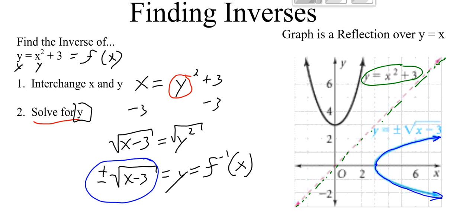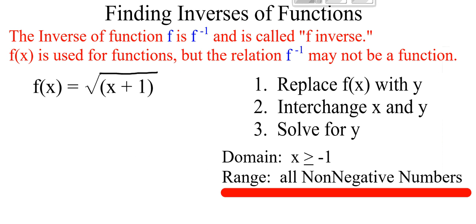If I go back here and look at this graph, it doesn't pass my vertical line test, so it crosses twice, so it's not a function. That's because we have two functions really happening here, a plus and a minus graph. So that inverse is not always a function.